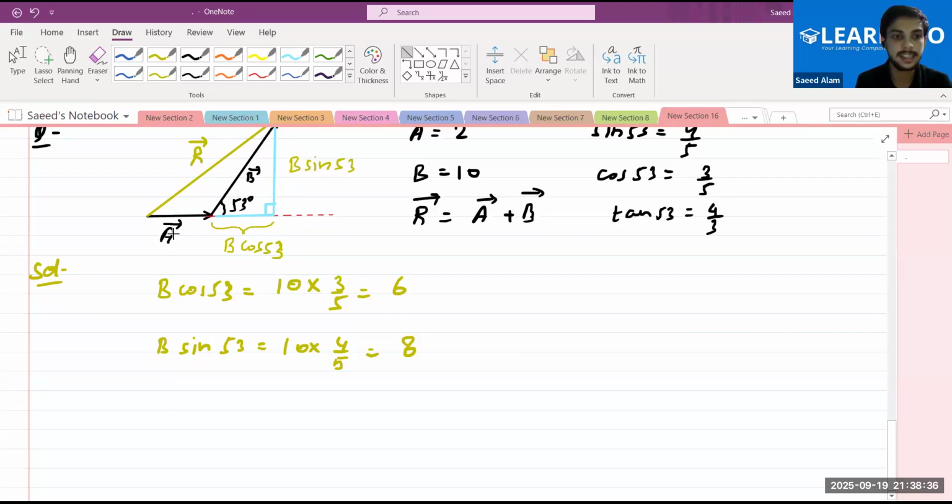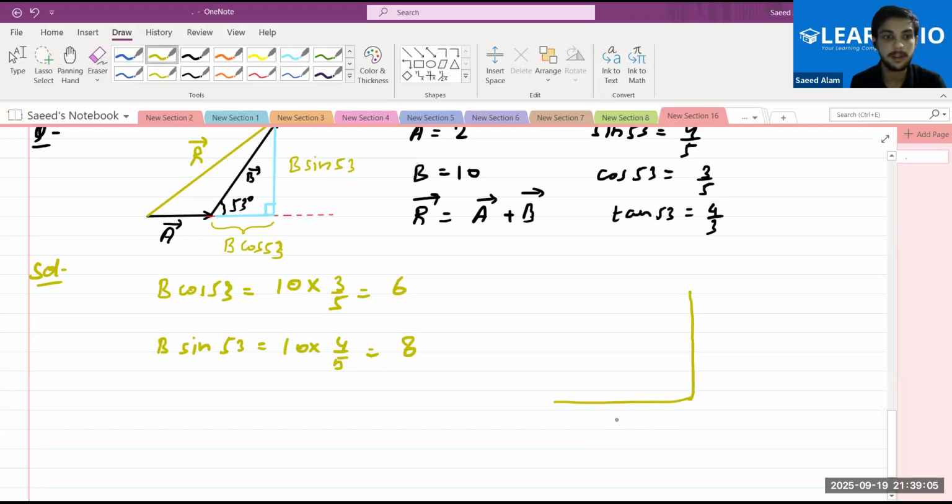Do you think this particular A and this particular B cos 53 are along the same line and pointing in the same direction? Yes or no? Yes. So can we add them directly as we had done in the first case? Yes. So what will this horizontal length be equal to?